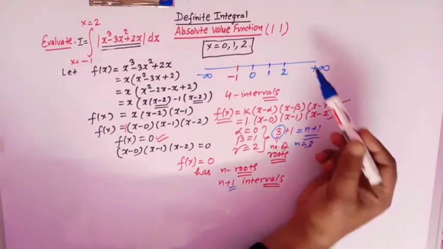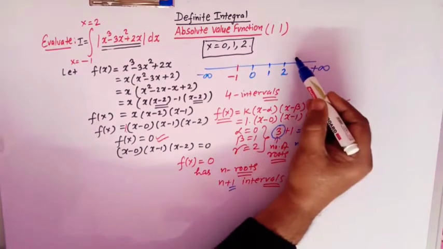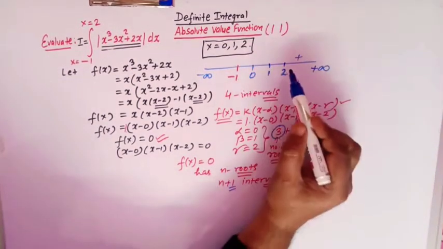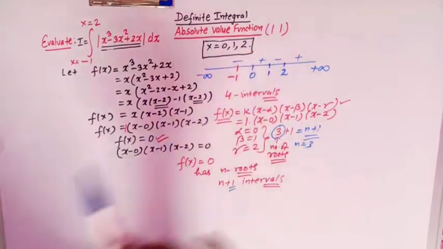We start from this portion. First we start with a positive sign, then alternately negative, then positive, and then negative.